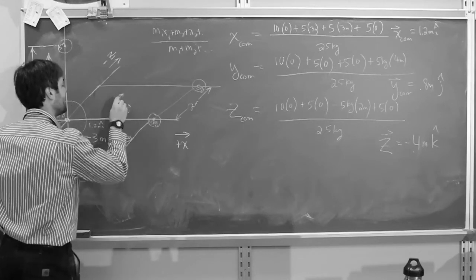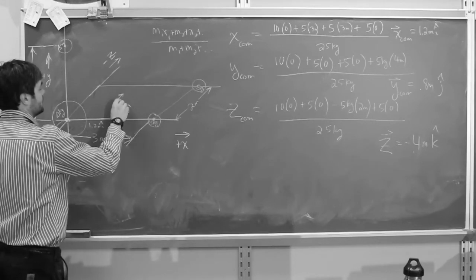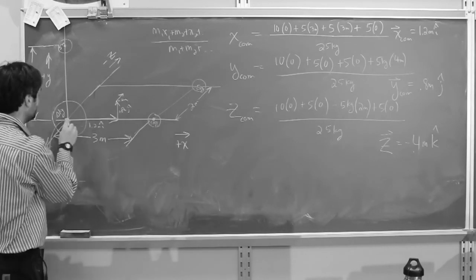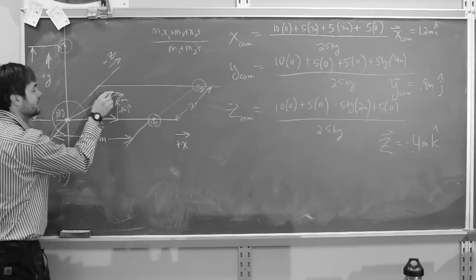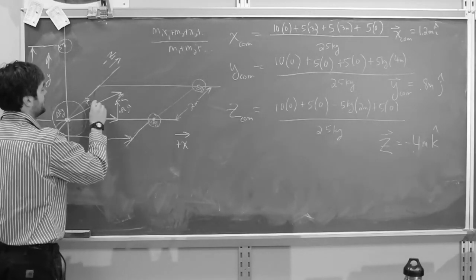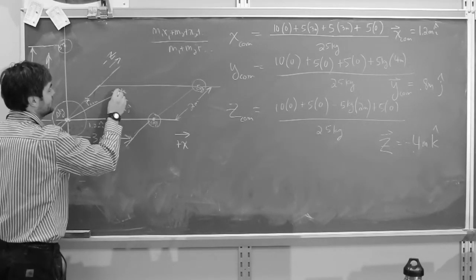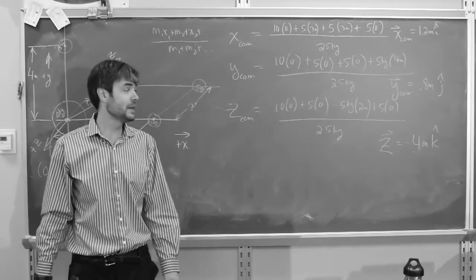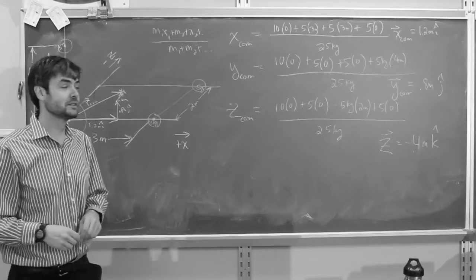So that's going to be that way. And then what's our resultant vector to get to that? From the origin, that vector, r-com, is leading us to the center of mass here. And you can look at this animation to visualize this in 3D.